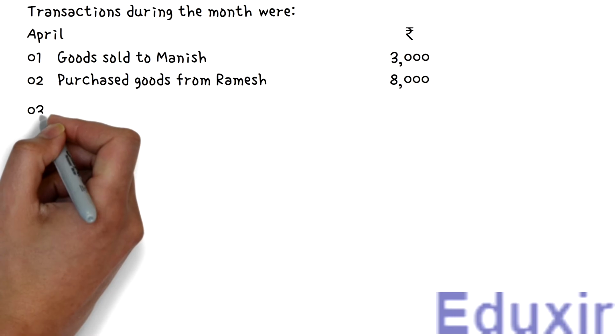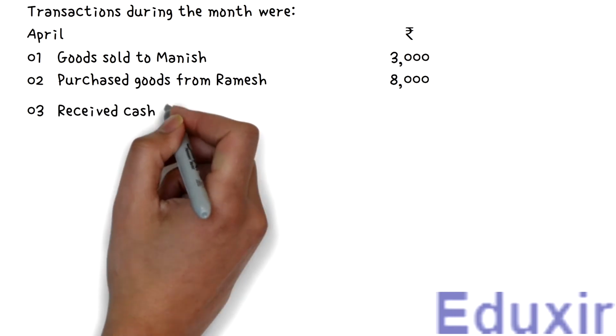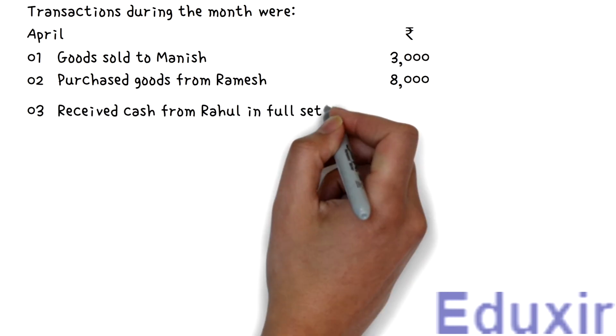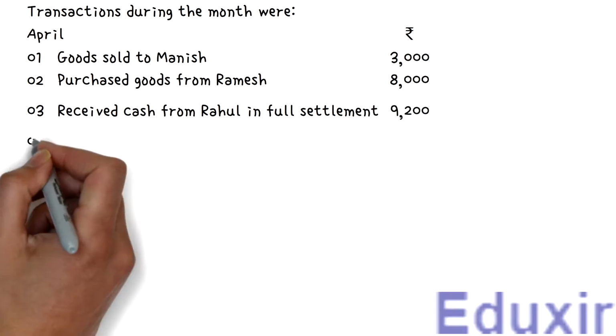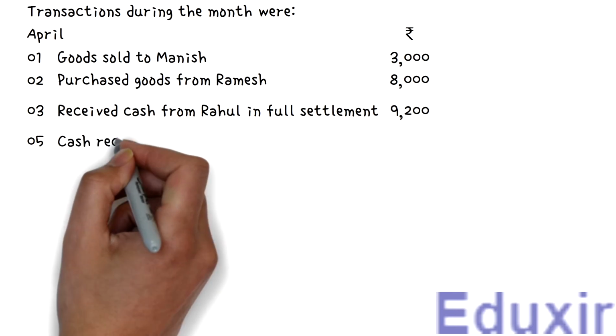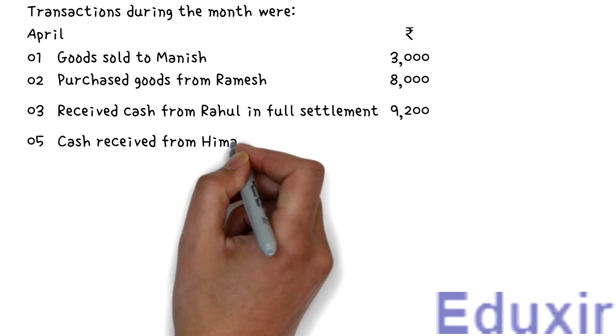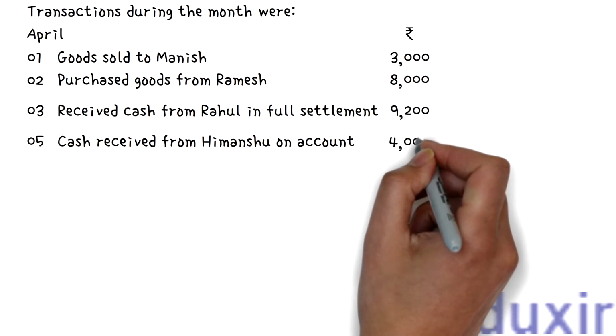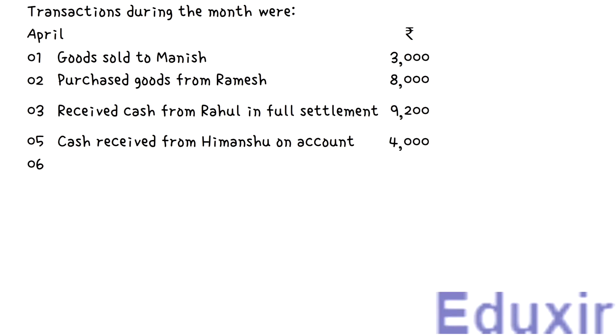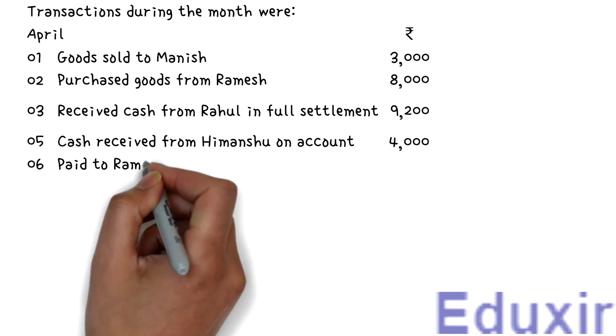On 3rd April, received cash from Rahul in full settlement 9,200 rupees. On 5th April, cash received from Himanshu on account 4,000 rupees.